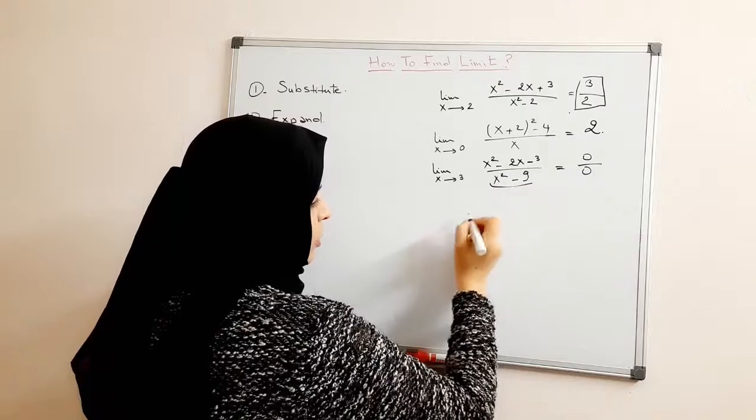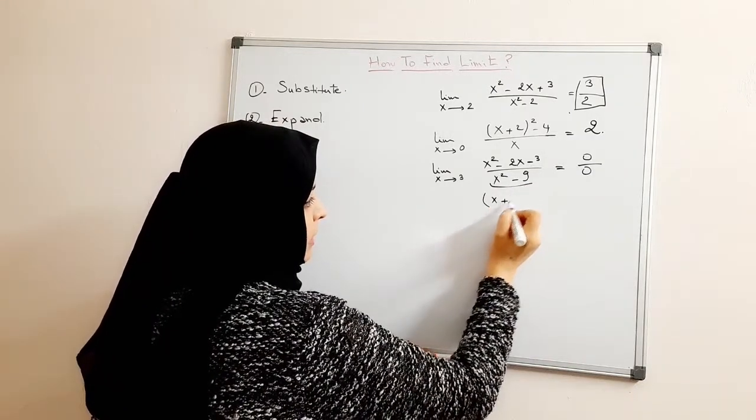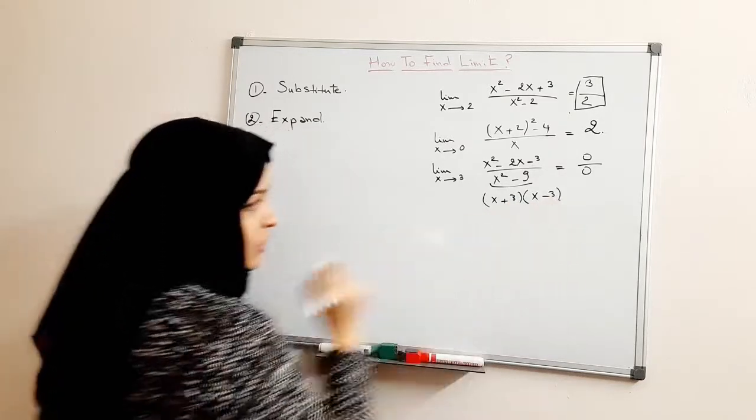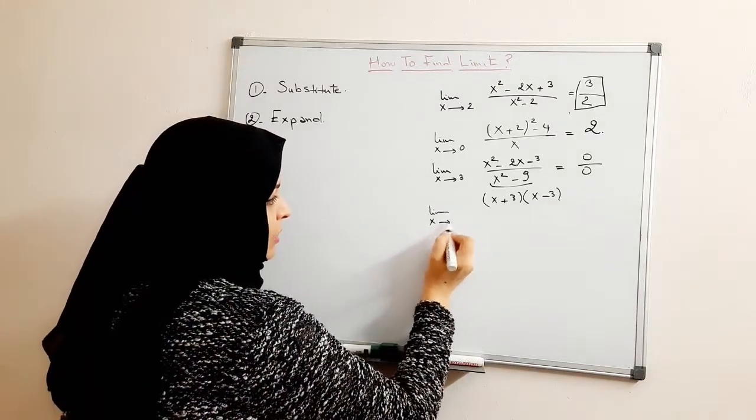So this expression, we can write it as (x plus 3) multiplied by (x minus 3), right? So the limit when x tends to 3.